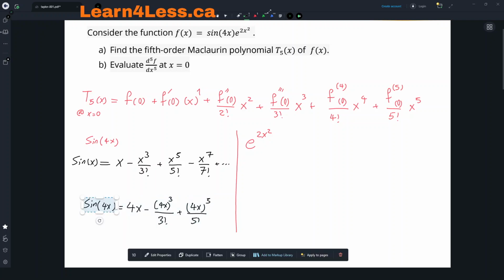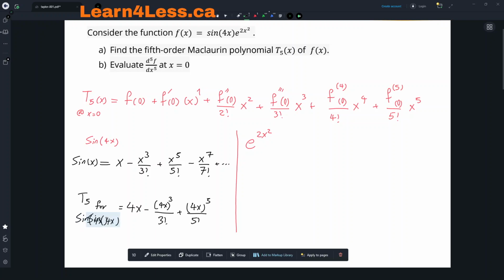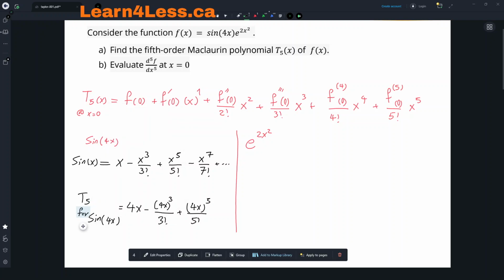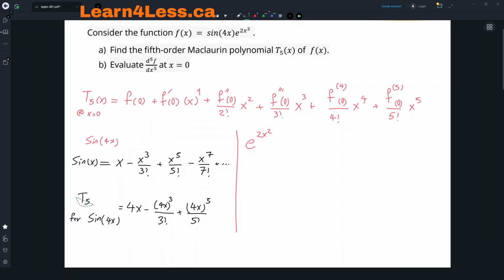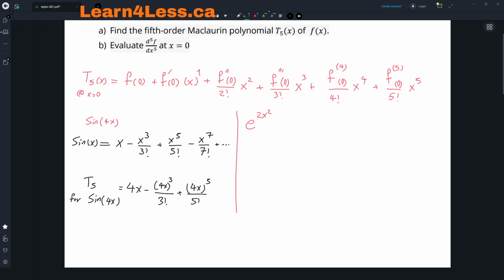Let me just write it this way. This is a T5 for sine of 4x. And it's not a very formal way of writing that, but it kind of does the job. We understand what we are doing.